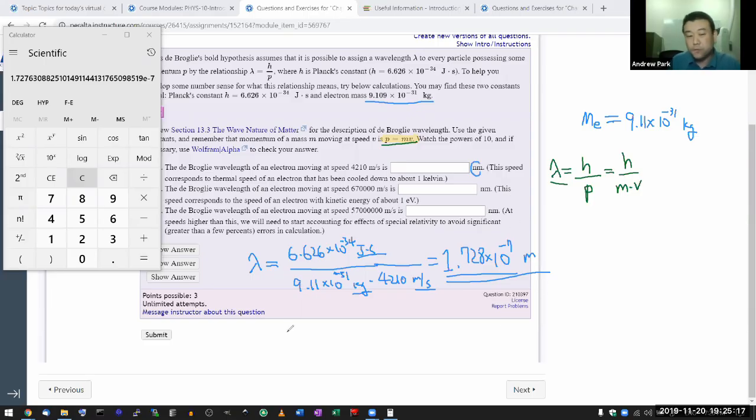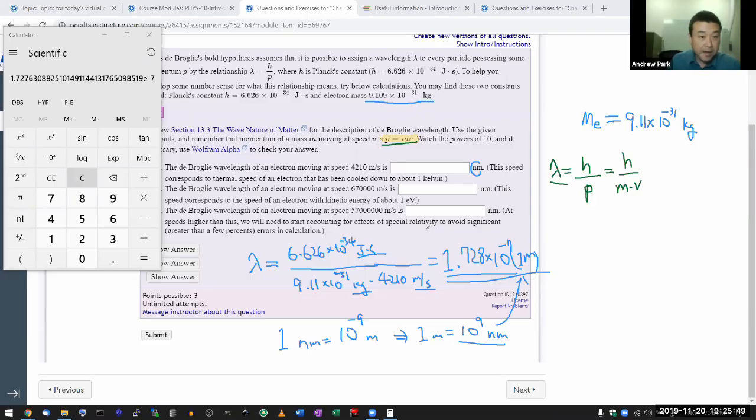This is where it's helpful to remember that 1 nanometer is equal to 10 to the minus 9 meters, or to flip it the other way around, 1 meter is equal to 10 to the 9 nanometers. So I can basically plug this in for the implied 1 meter here. When I do, I'm going to get my answer in units of nanometers.